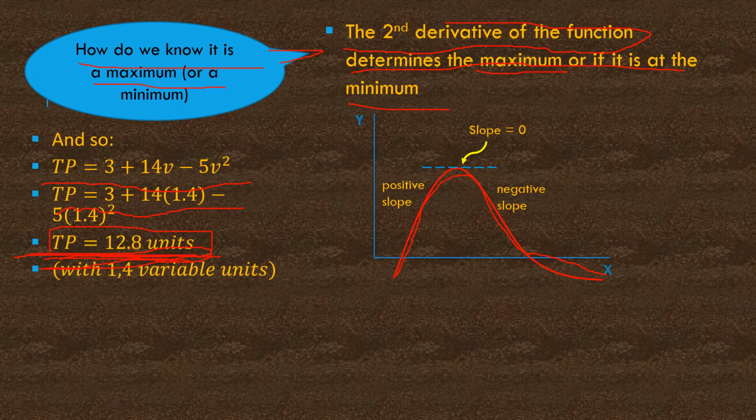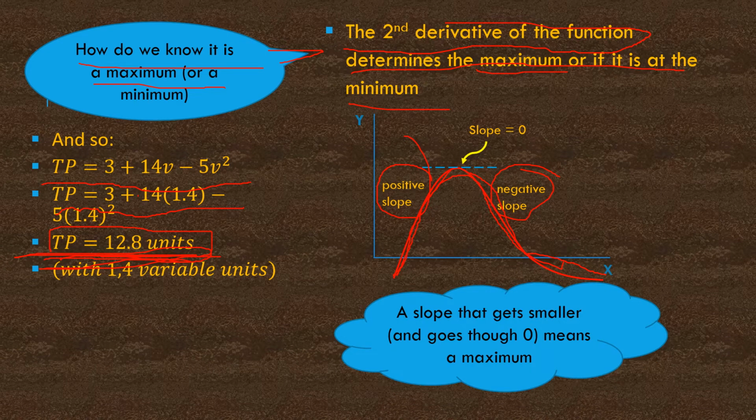Okay, remember, when it comes to the slope, a rising portion will always be positive and a declining portion will always become negative itself. So meaning, if we determine if it is a maximum or a minimum, a slope that gets smaller, ibig sabihin, it goes through 0, it means a maximum. If it is a larger one and it goes beyond the 0 already, then it is considered to be a minimum. So ibig sabihin, any number that is lower than 0 is considered to be negative.